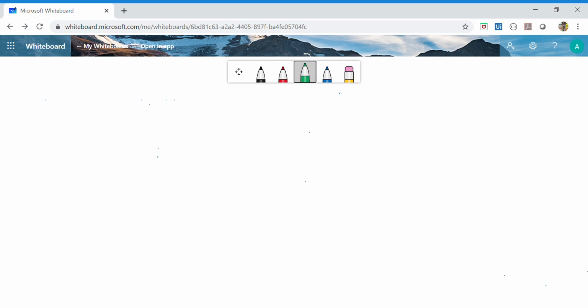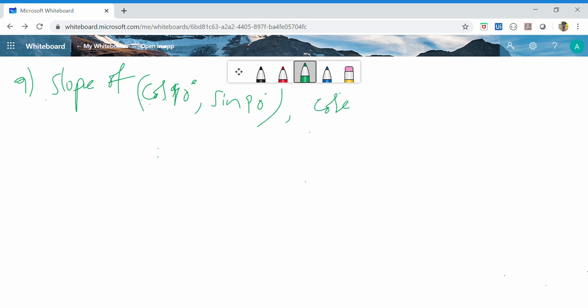Next, find the slope of the ninth one. Find the slope of cos 90, sin 90, cosecant 30 degrees and tan 45 degrees.